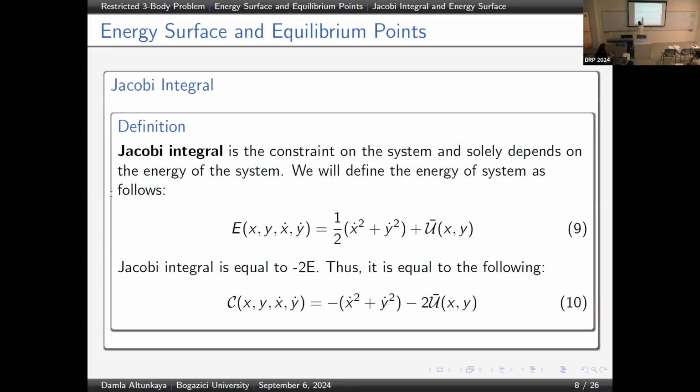We will plug this energy into the Euler-Lagrange equation, and you're going to get this constant. And after some point, you will get something equal to 0, which means the Jacobi integral is actually a constant.